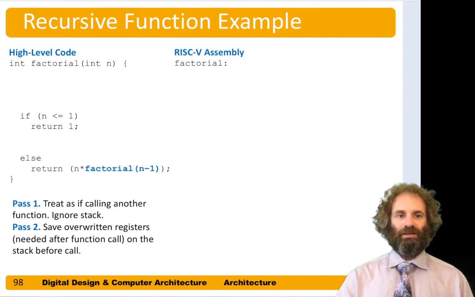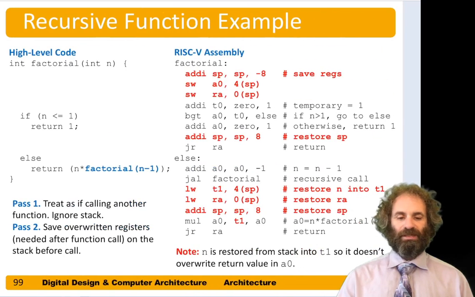Let's take a look at how to code this. So again, on our first pass, we'll treat it as if we're just calling another function and ignore the stack. And we get the black code. So factorial, we need to see if n is less than or equal to 1. So we'll put 1 in T0. We'll do a branch on the opposite condition.